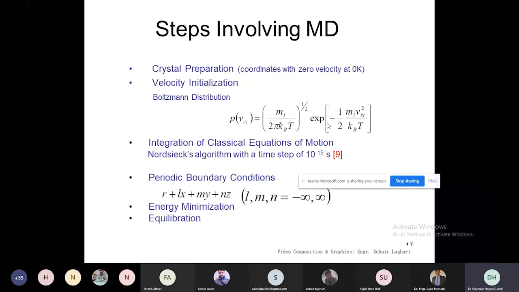This is actually the computer program algorithm, which has a time step of 10 to the minus 15 second, in femtoseconds, and carries all the types of the equations over there to calculate the Hamiltonians, energies, potentials, and forces among the atoms.